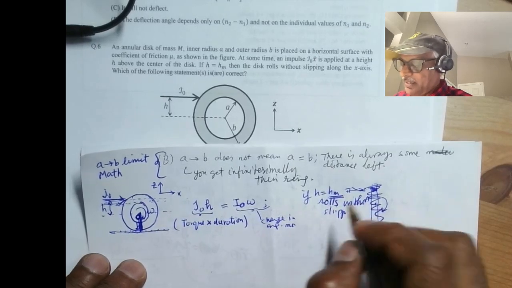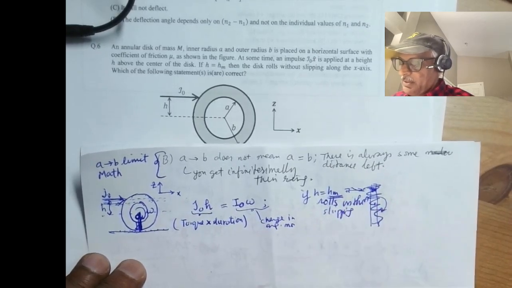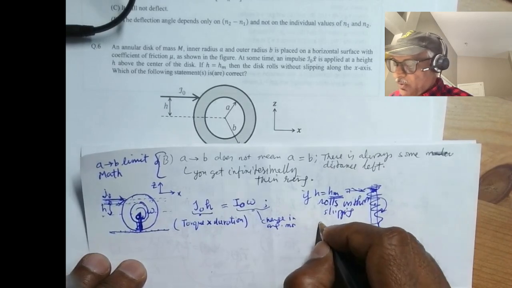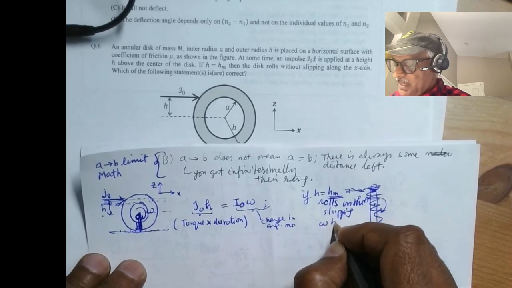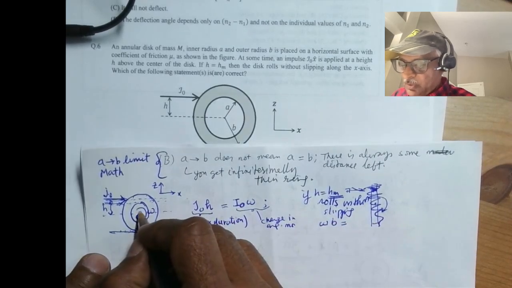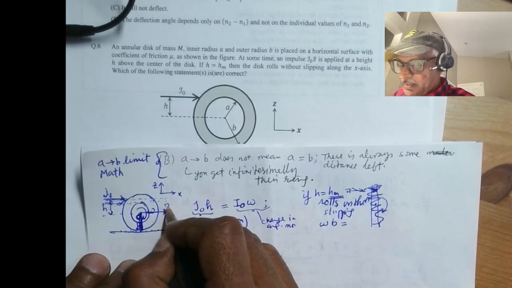So in that case, omega times B equals the velocity of the center of mass.